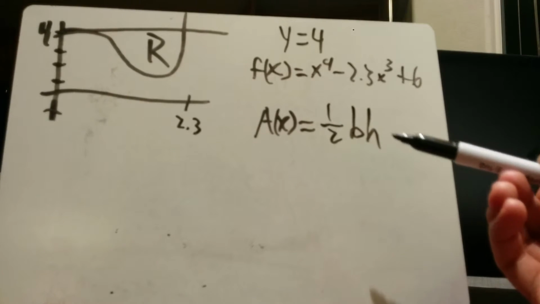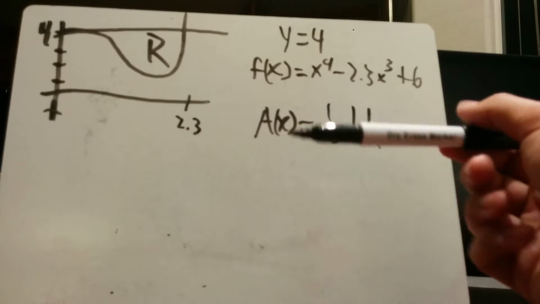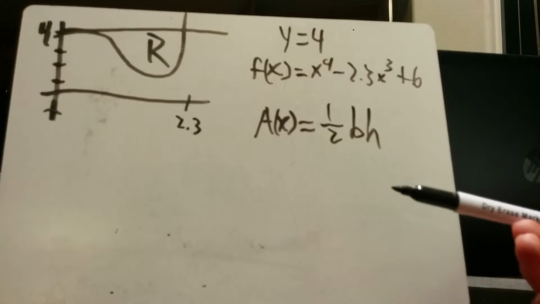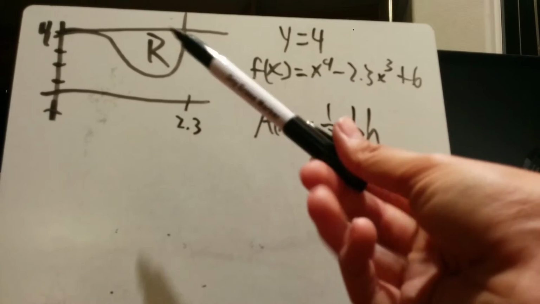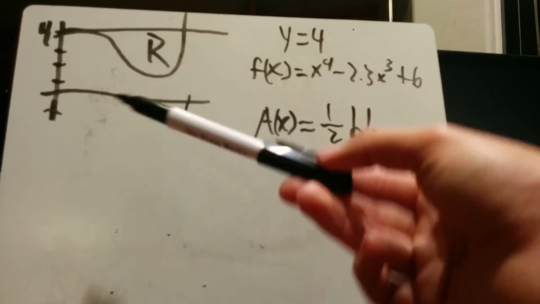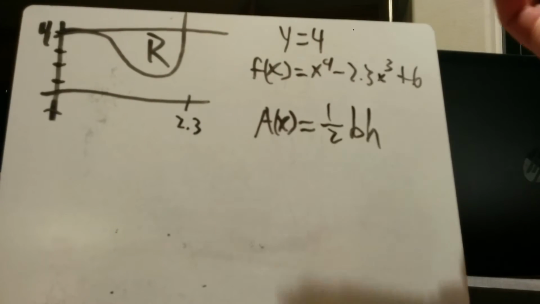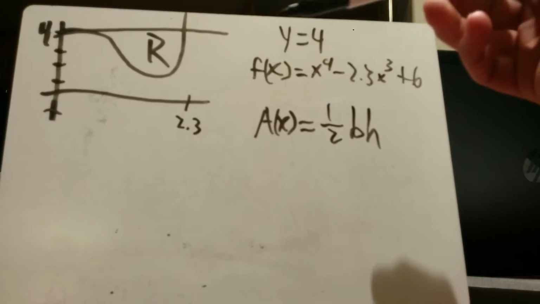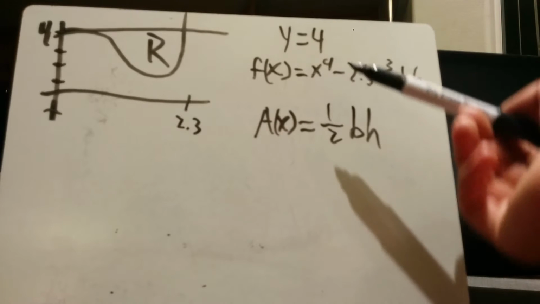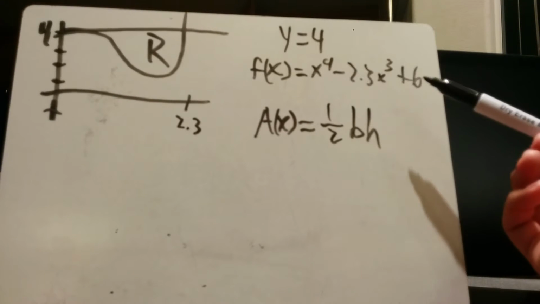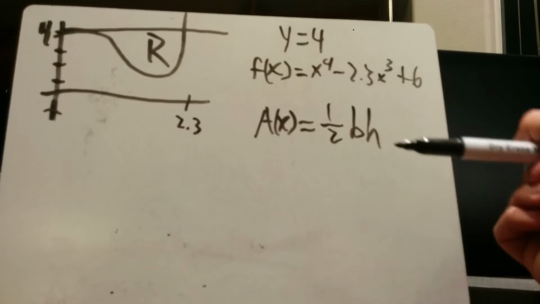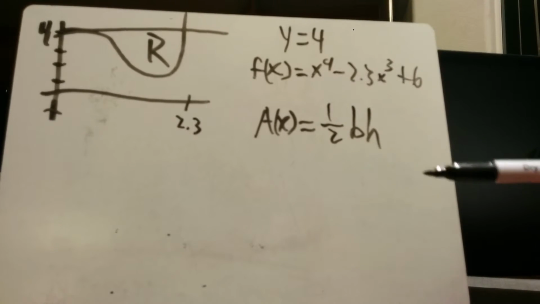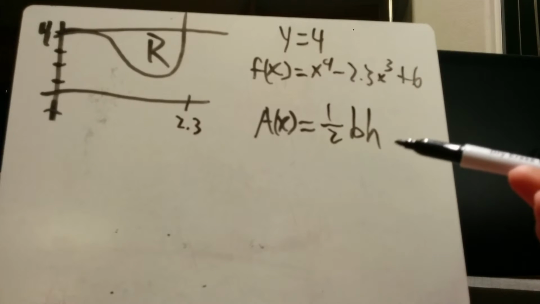Now, since they said one leg of the isosceles triangle is on R, we know that the base and the height are going to be the same thing, which is the area of top minus bottom, which is the integral from A to B, which is 0 to 2.3, of 4 minus x to the 4th minus 2.3 x to the 3rd plus 6, that squared times 1/2, which is the area of a triangle.